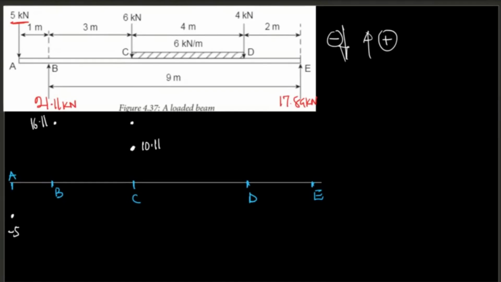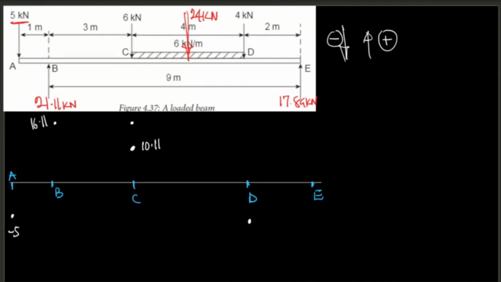Between C and D, we have a force acting at the center, which is 24 kilonewton. Because it's pointing down, it's going to be minus. So 24 minus the last force that we got, 10.11, gives us 13.89. That will be indicated here.